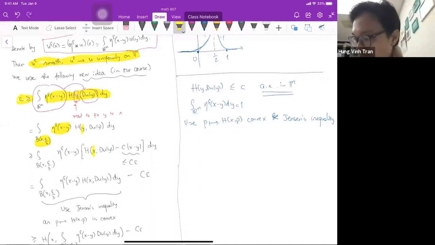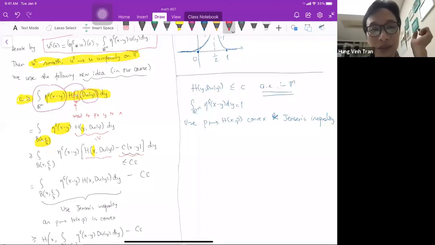So I'm using the inequality that h of y dμ(y) is greater than or equal to h of x dμ(y) minus c times |x minus y|. This is good because y is not so far from x; y and x are of order epsilon. So I can estimate that c|x minus y| is less than or equal to c times epsilon. And that's why, when we do convolution, we use the fact that it has compact support.